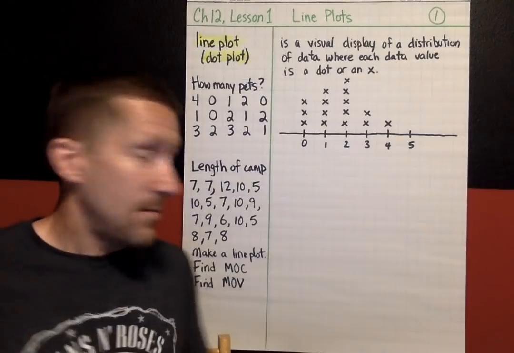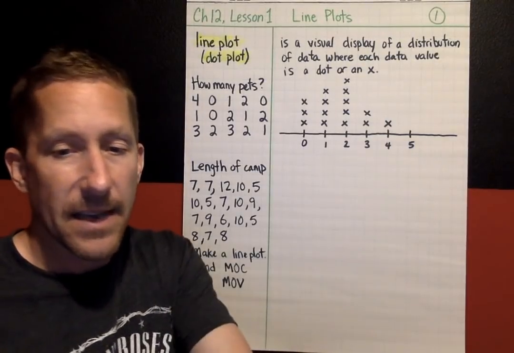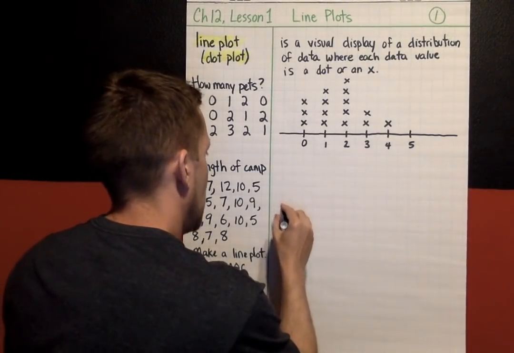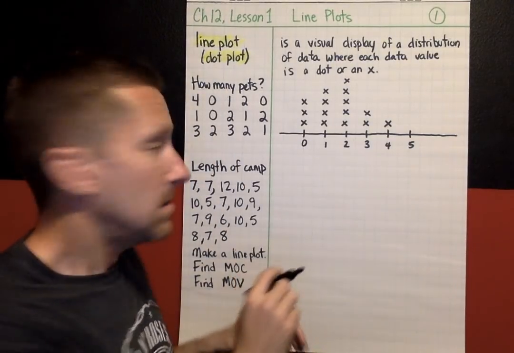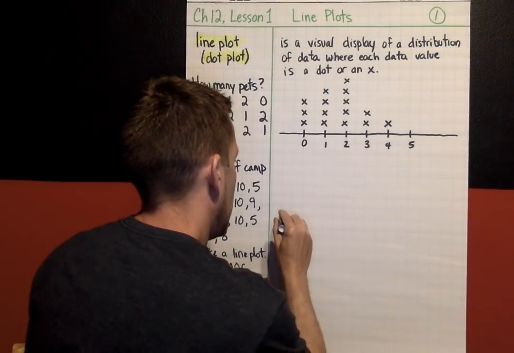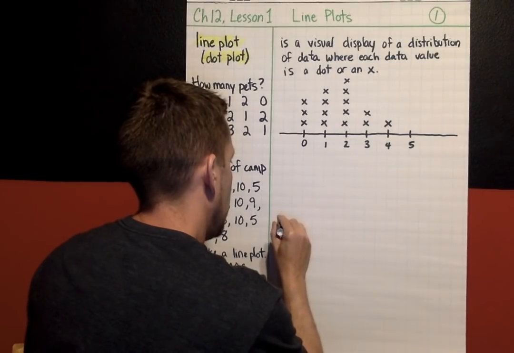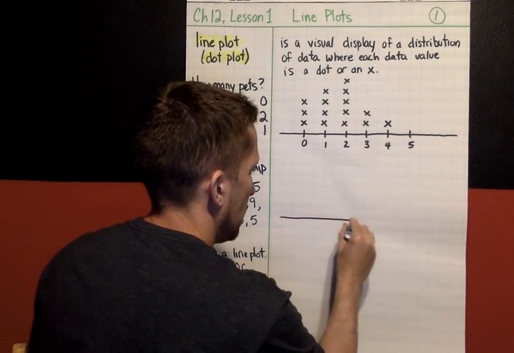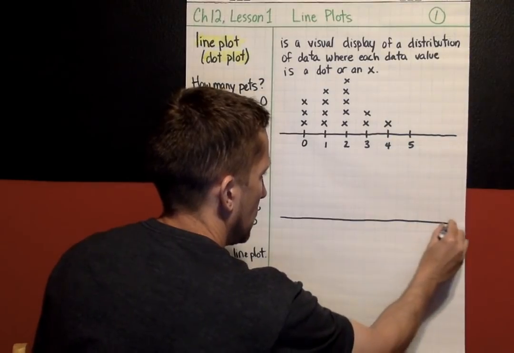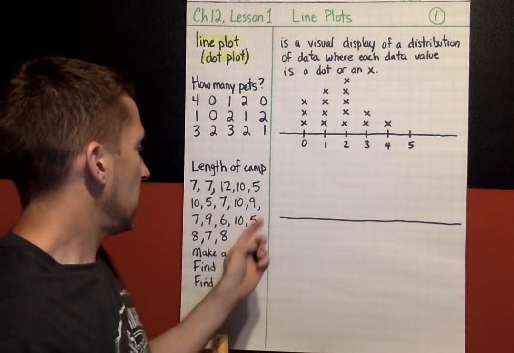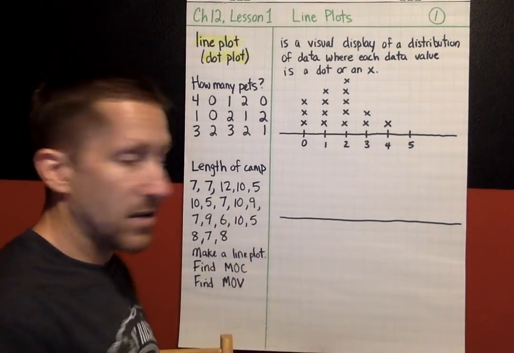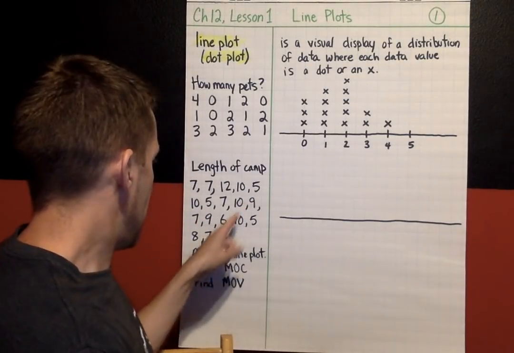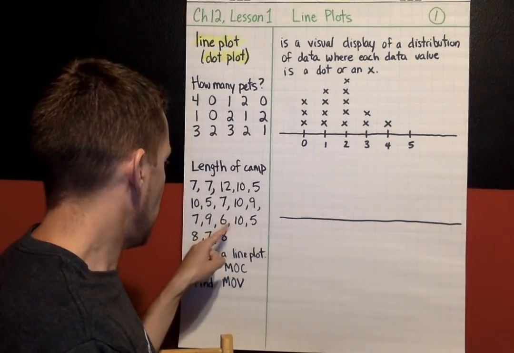Alright, so I'm going to need a line again. So I'm going to start with a line. Let's see, I think right about here is good. And I'm going to look at my data, and I see that I believe my smallest number is a 5, and my biggest number is a 12.